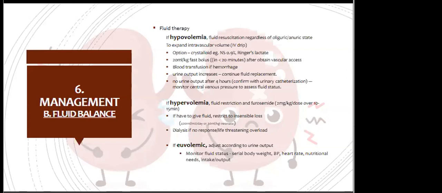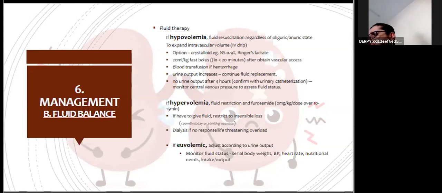If you drink the right amount, you will have more drinking than urine output. It should be more, it should not all come out. Why? Because some goes out by insensible loss, which is 400 ml per meter square.